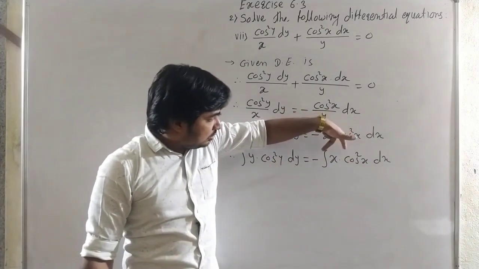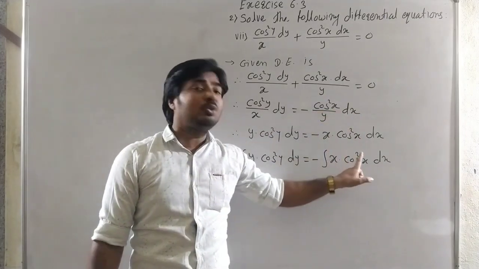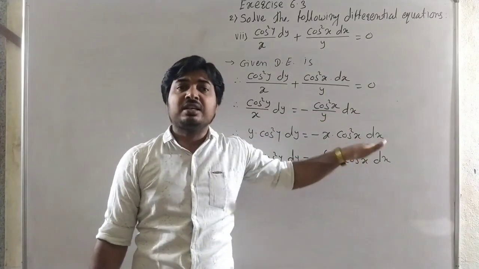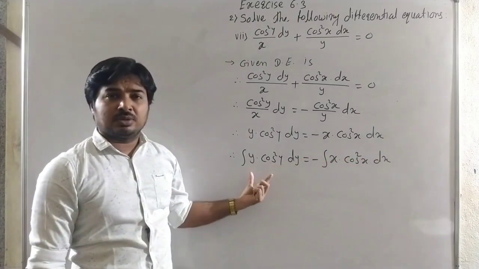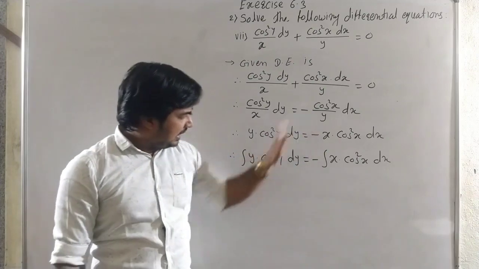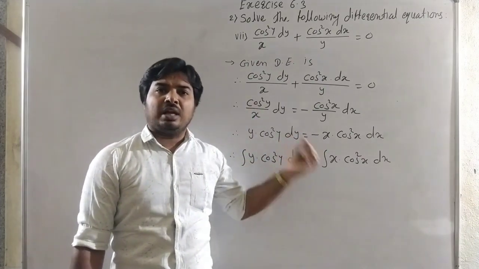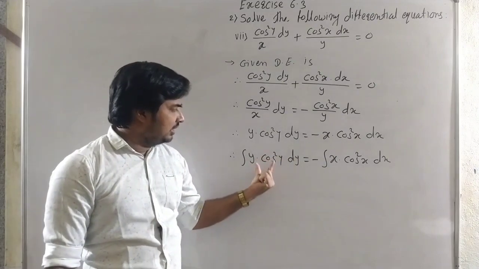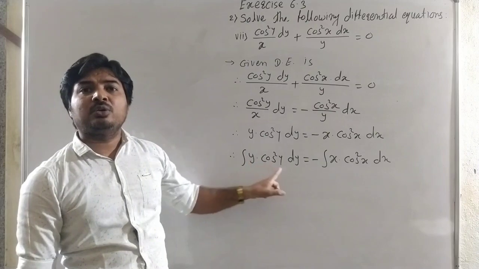To find the integral, we use integration by parts. Here both functions are the same, only the variables are different. So we solve any one of these and write the integral similarly for the other. Here we solve this and write similarly for y into cos square y.